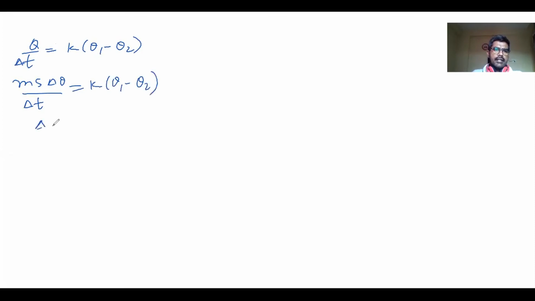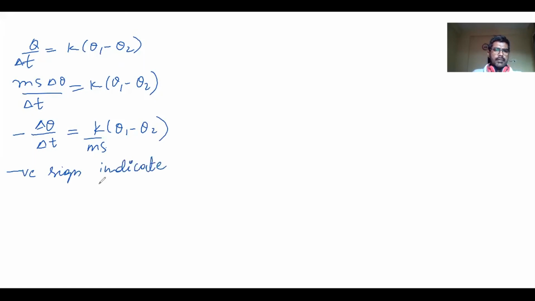Students, we have got an equation where Q by T is equal to K into θ1 minus θ2, where Q is ms delta theta, so ms delta theta divided by delta T is equal to K into θ1 minus θ2. And this gives delta theta divided by delta T is equal to minus K into θ1 minus θ2 divided by ms. This negative sign indicates the temperature of the hot body decreases.